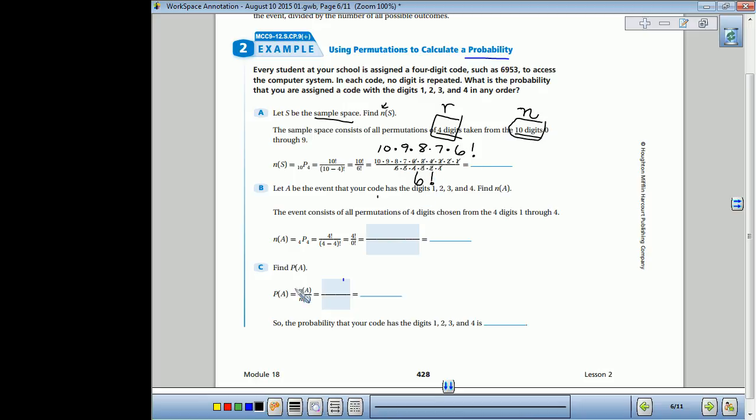Because what could I do with those factorials? Cancel them out. Exactly. Bye-bye. So it's 10 times 9 times 8 times 7. 72 times 7 is 504. That's 54, another 40, and times 10 would be 5,040.